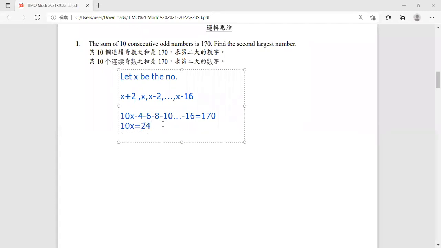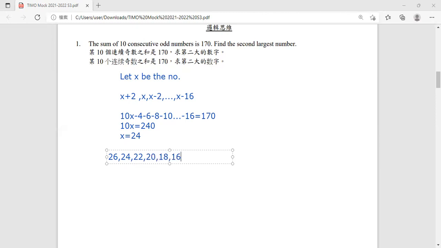Actually, the question is that one. I know why. X is 24. But you will find that you have 26, 24, 22, 20, 18, 16, 14, 12, 10, and 8.